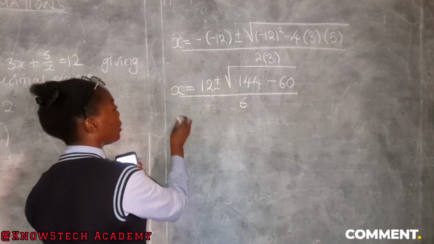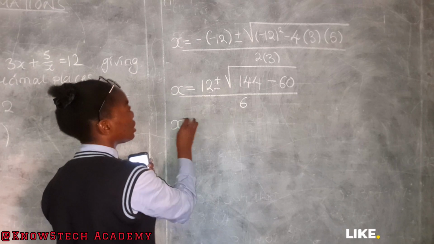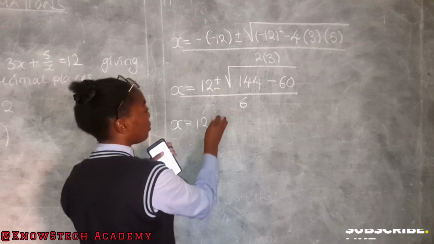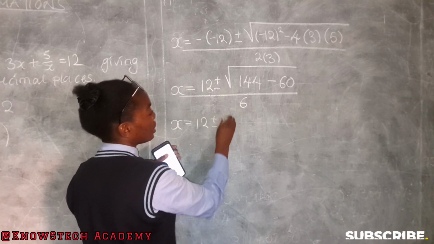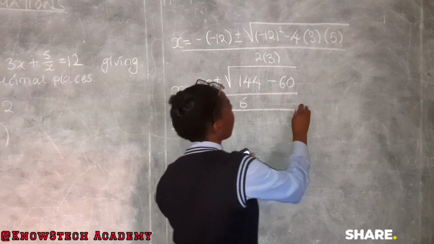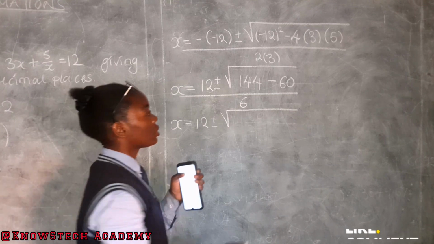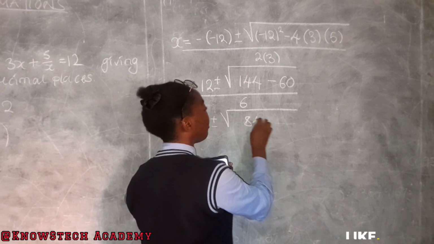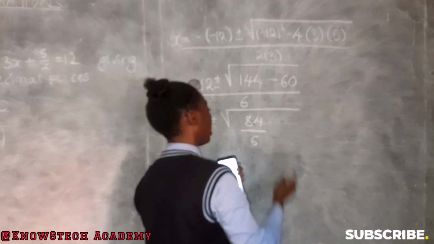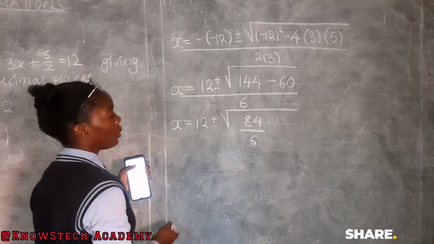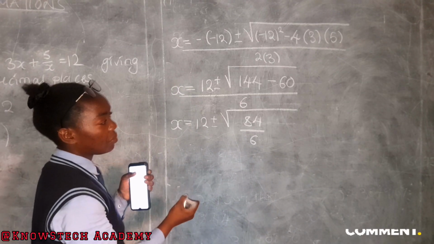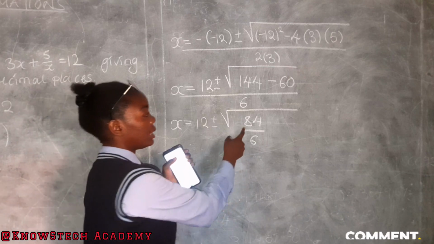So here we're going to write down our formula, which is x is equal to 12 plus or minus 144 minus 60. So we're going to have 84 over 6. So here we're going to find the square root of 84.